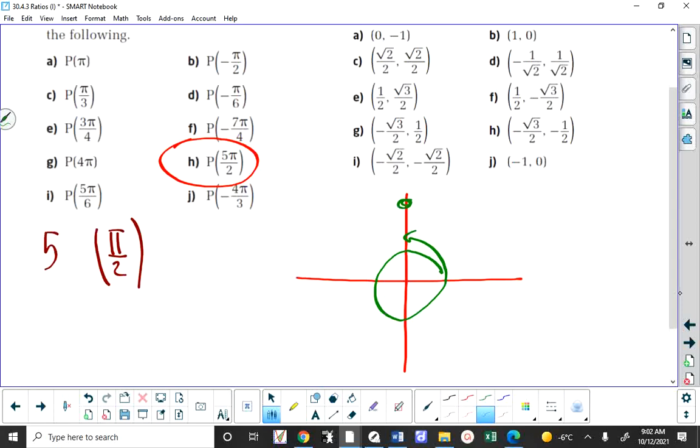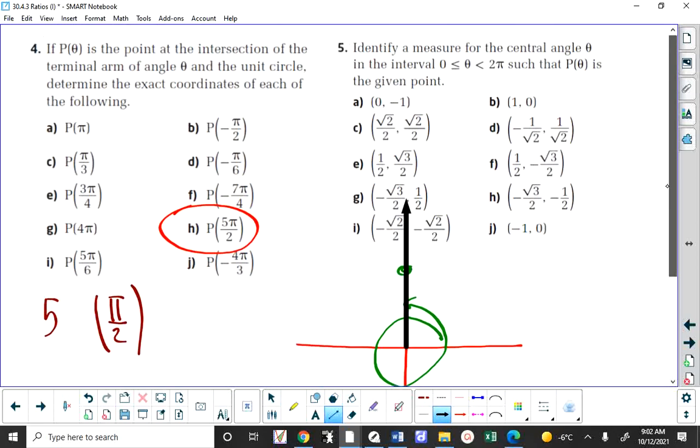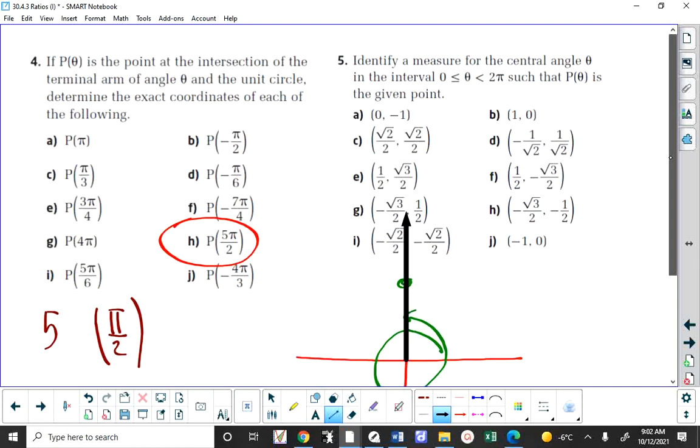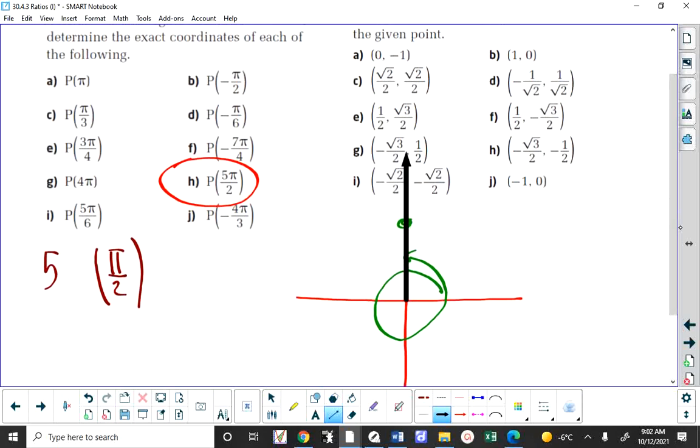So there's a terminal arm there, and that terminal arm continues forever, but it's intersecting the unit circle. So it's intersecting a point on the unit circle, and on the unit circle the radius is 1, which tells us that the y coordinate of that point, since it's on the y-axis, will be 1, and the x coordinate is 0. Does that make sense?